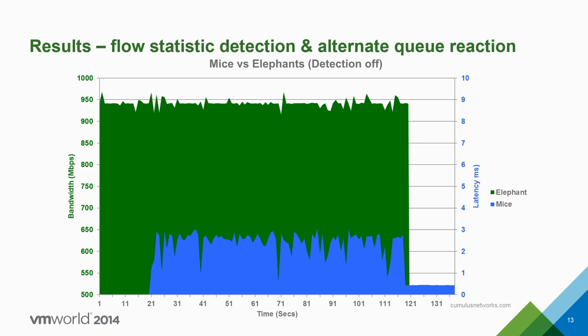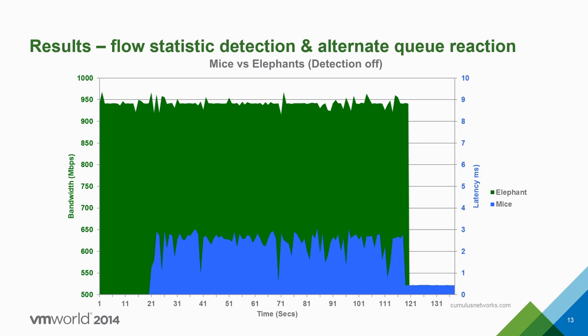Initially, the green shows the elephants getting a lot of bandwidth, and the blue, you should read the scale on the right-hand side, is showing the latency experienced by the mice, the short flows. As long as the elephants are present, the mice are experiencing relatively high latency in the 3 millisecond range. When the elephants go away, the latency for the mice drops.